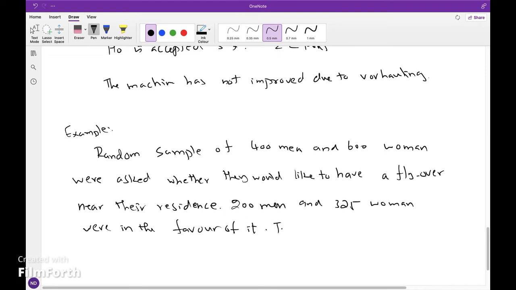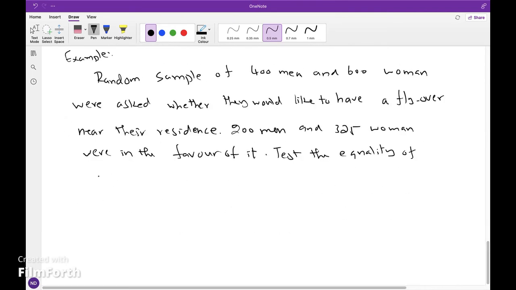Test equality of proportion of men and women in favor of the proposal.